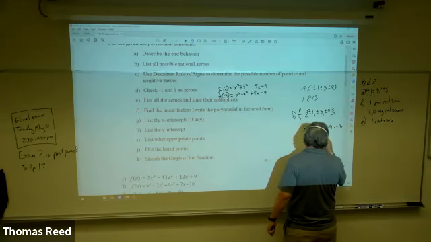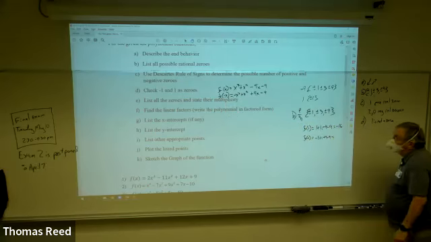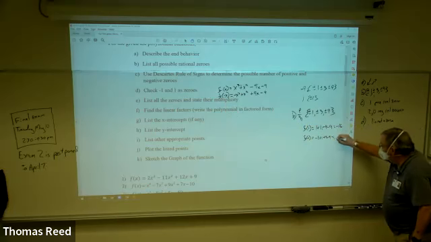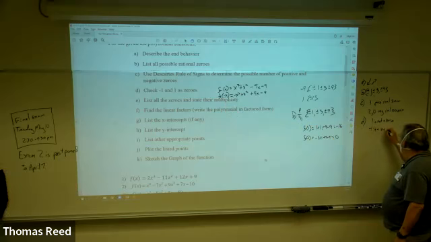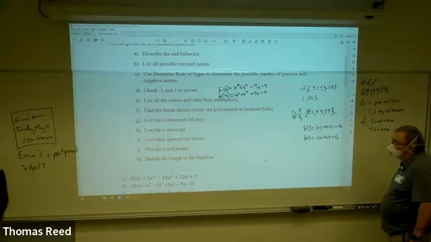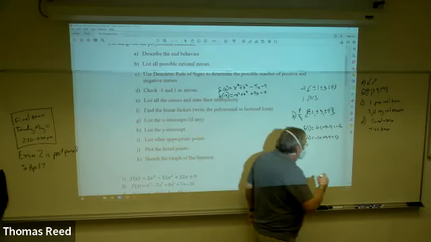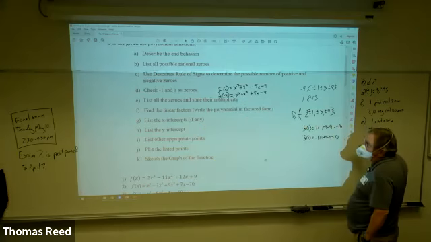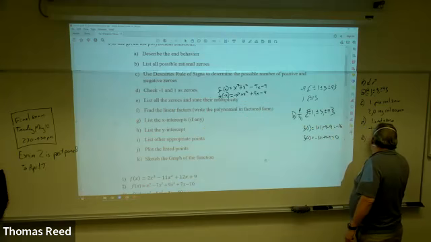So I get -1 plus 1 plus 9 minus 9, which is 0. So -1 is a zero. So I have 1 zero so far. -1 is a zero. That's the next thing, right? Letter E. So one of my numbers for letter E is -1.